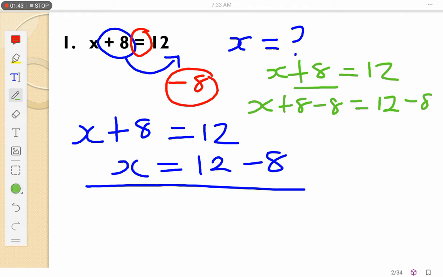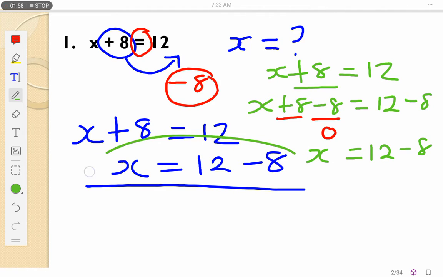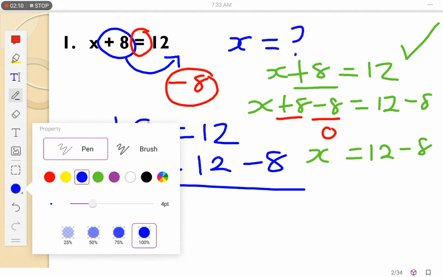When I do this, plus 8 minus 8, we get a 0 there. And when that happens, we will remain with x is equal to 12 minus 8. So this is basically the same as what I've done here. Otherwise, if you find this method is easy for you, you do it. So I'll continue with my blue method then.